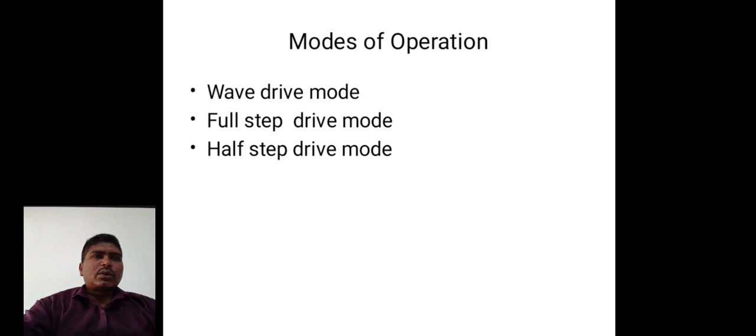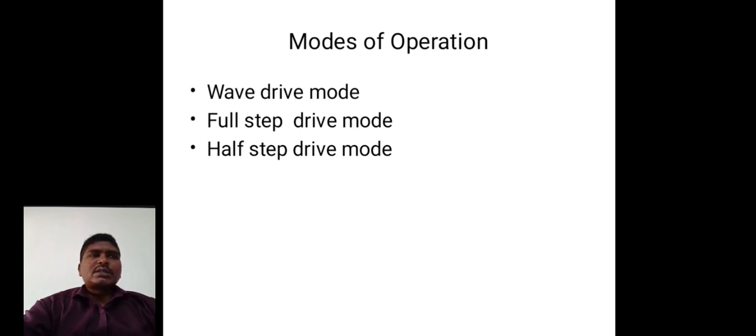Another one, the second one, is the bipolar stepper motor. There are just 4 wires coming out from the 2 sets of coils, which means there is no common wire. That is the basic difference between bipolar and unipolar.